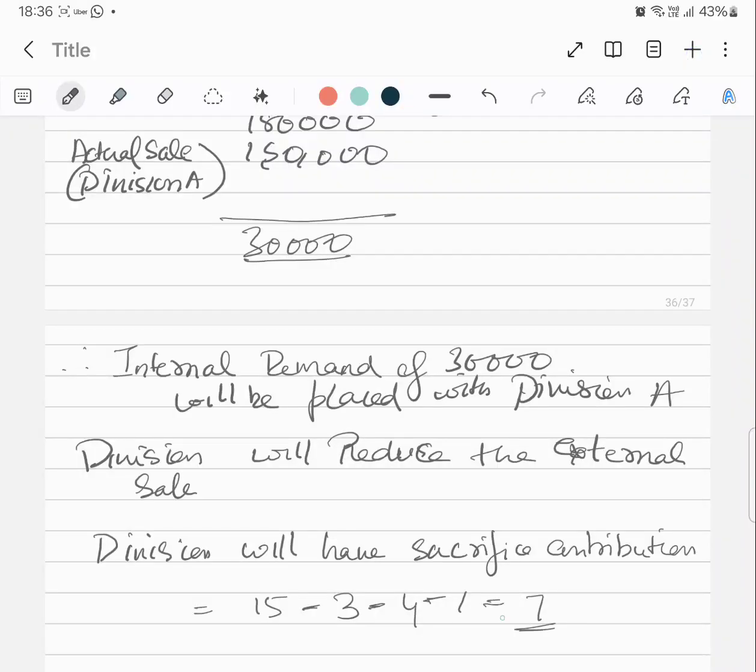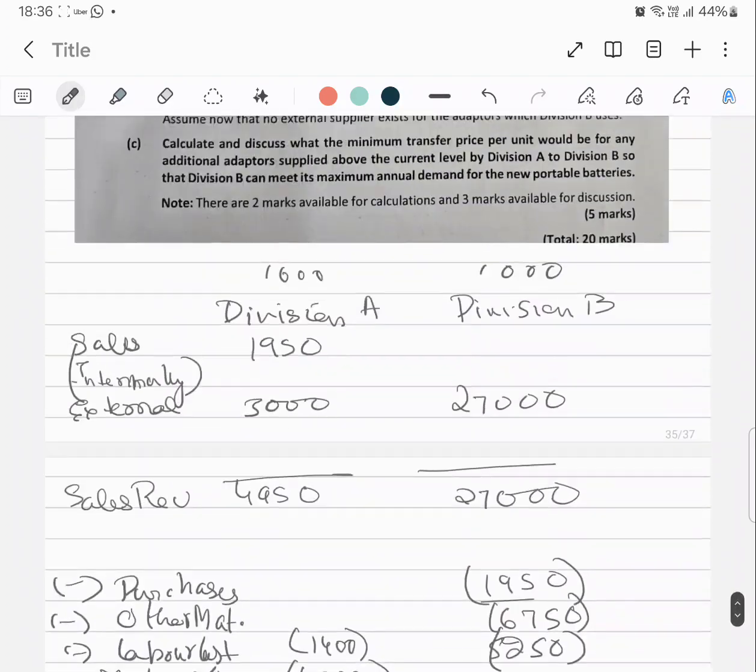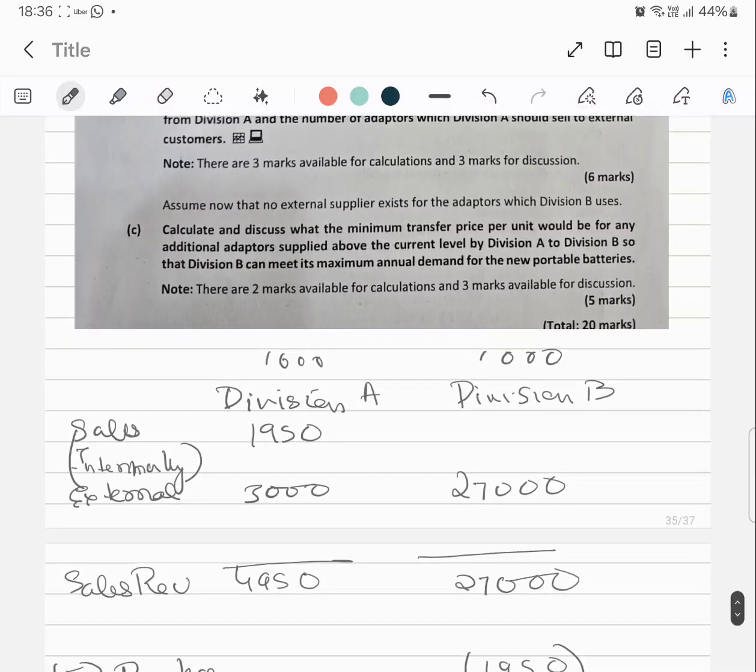This is the contribution which has to be given up by A, right? So ultimately this comes out to be the cost in case this 30,000 units will have to be now internally transferred, right? So what was the price of the internal transfer?